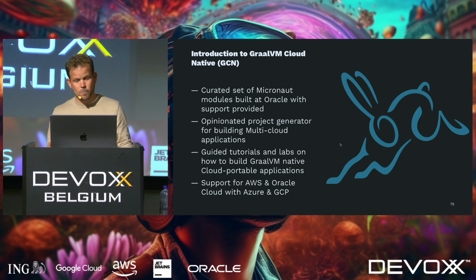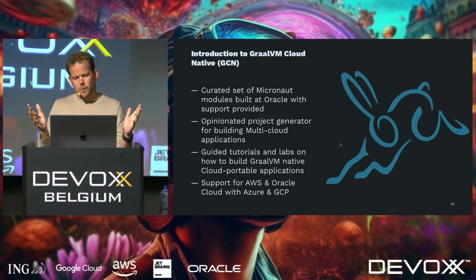Micronaut has many modules, and we can't support everything, so it's a subset. And it's also opinionated project generators, of how we want to test and support multi-cloud applications that are deployable to Oracle Cloud, AWS, Azure, GCP, etc.